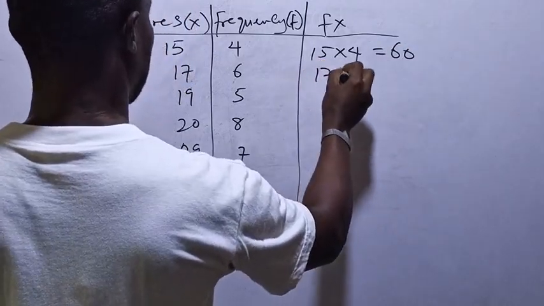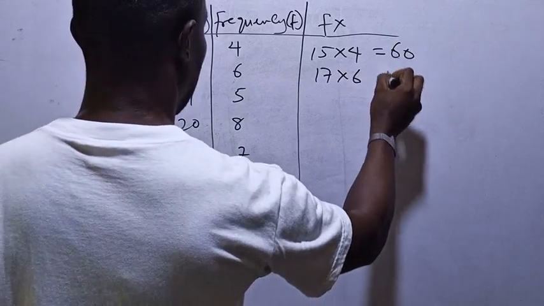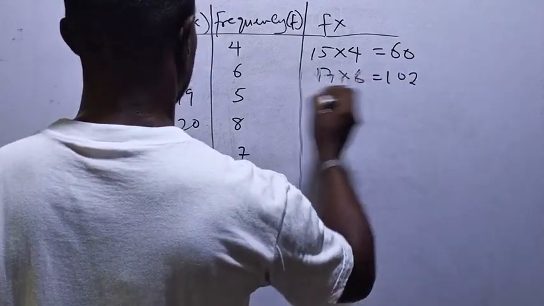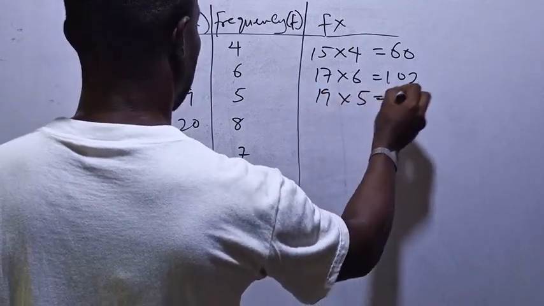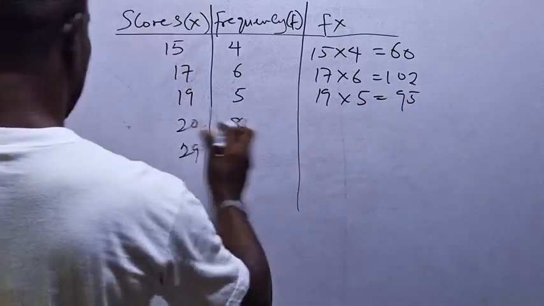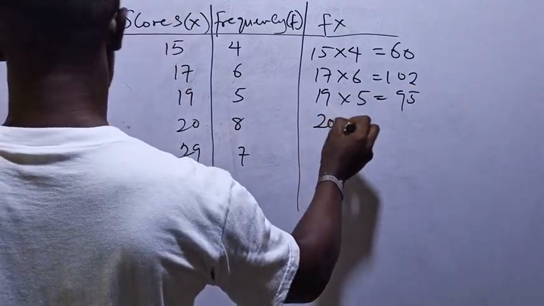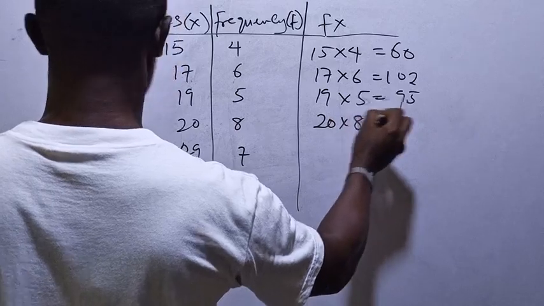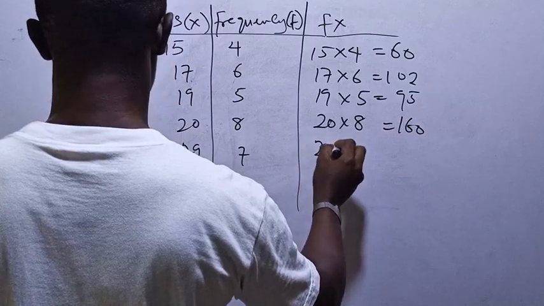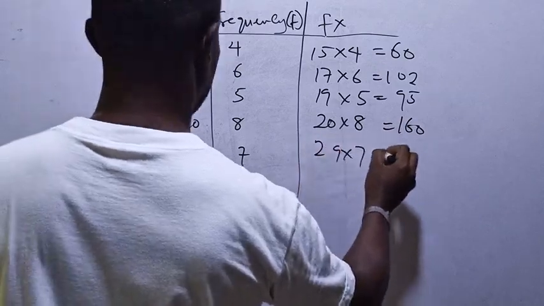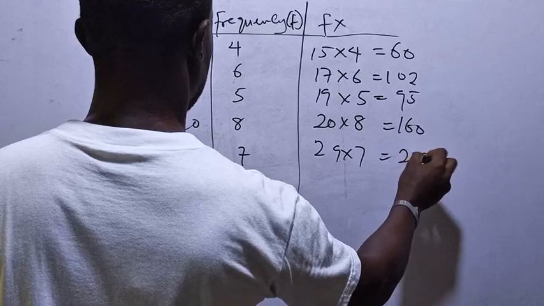We have 17 by 6, we have 102. We also have 19 by 5, we have 95. We also have 20 by 8, we have 160. And we have 29 by 7, we have 203.